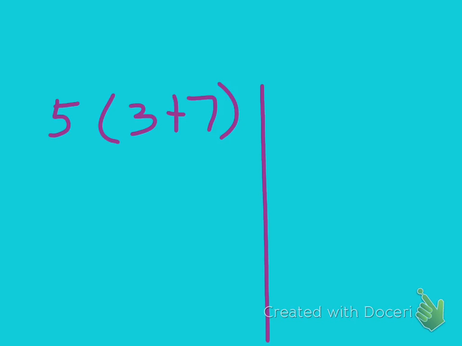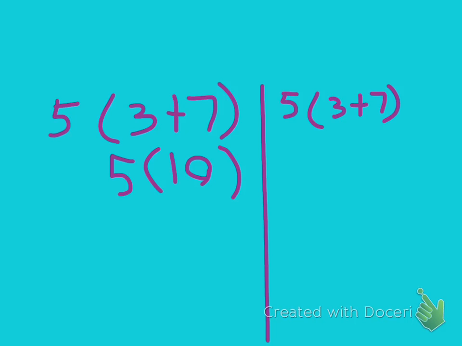Now, with the one we're going to show you here, 5 times the quantity 3 plus 7, we can find this 2 different ways. The order of operations says that we can do the inside first, so that would be 10, and we can multiply by our 5, which will be 50.